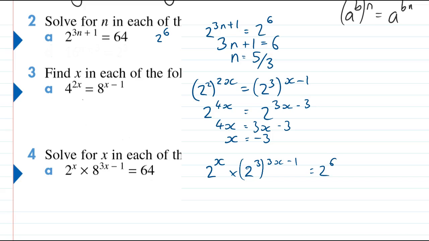Now, this is a little bit tricky in that when we times, we've still got to follow the rule that we add the indices. So this is where people run into trouble. When you times, we still need to add the indices.